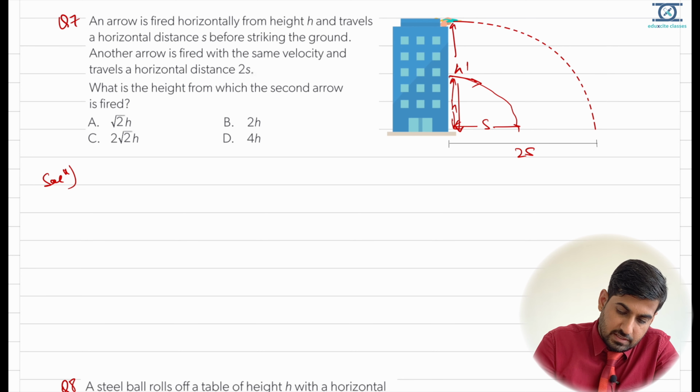So h is equal to, let us say the initial vertical velocity is 0. So the vertical component uy will be 0 in both the cases. So half g t square.